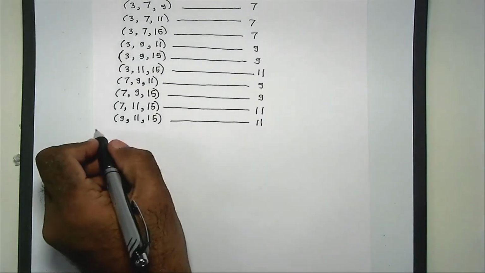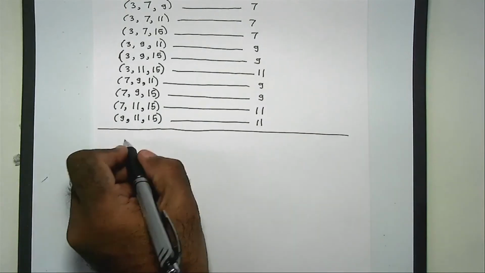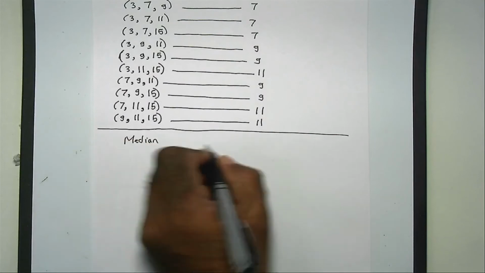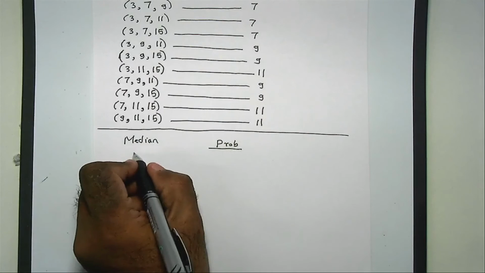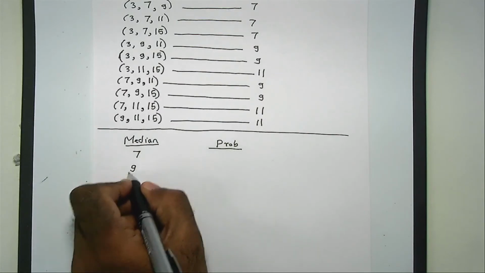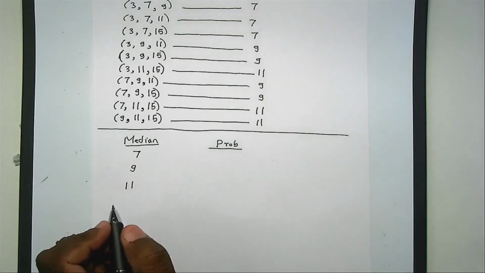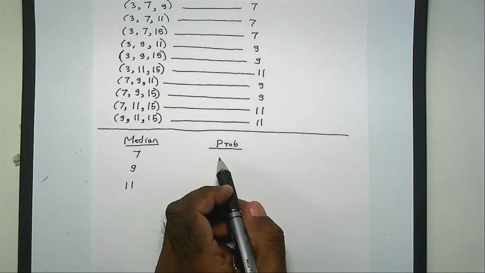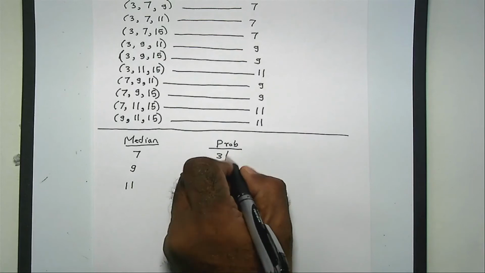The second table that we need to draw are the possible values for median and the corresponding probabilities. Now the possible values are clearly 7, 9, right, and 11, right? Okay. Now how many 7s you have? You have 1, 2, 3. So it's 3 out of 10.